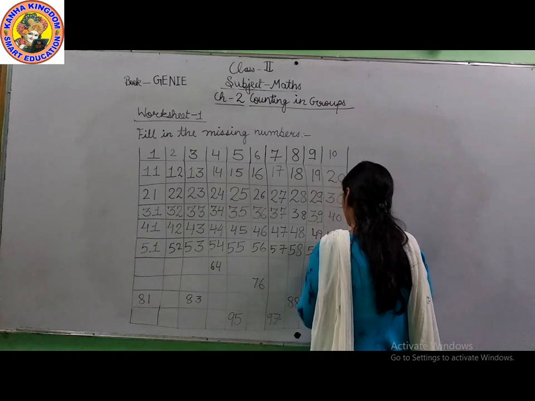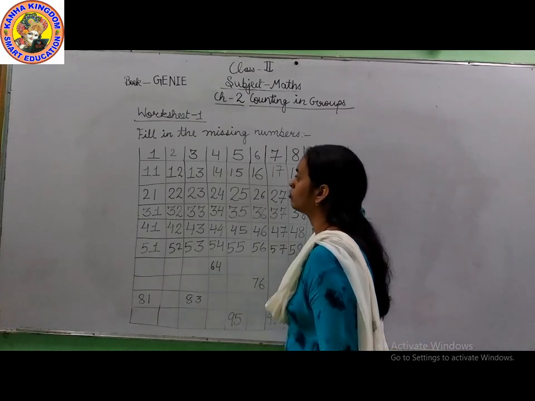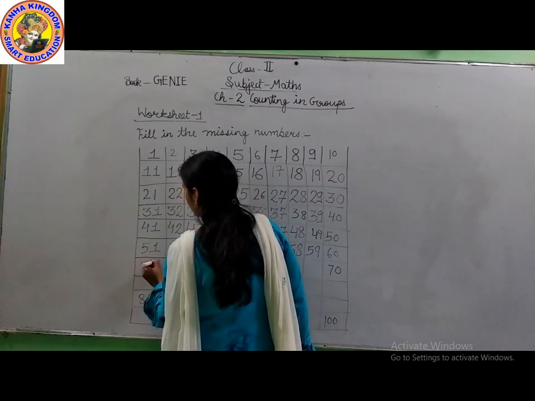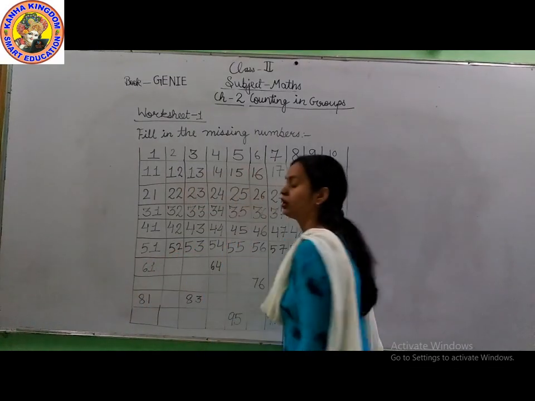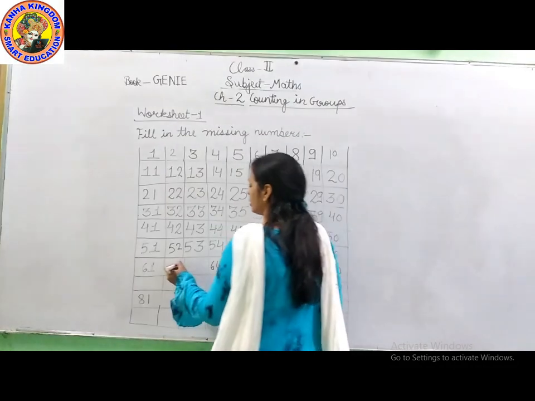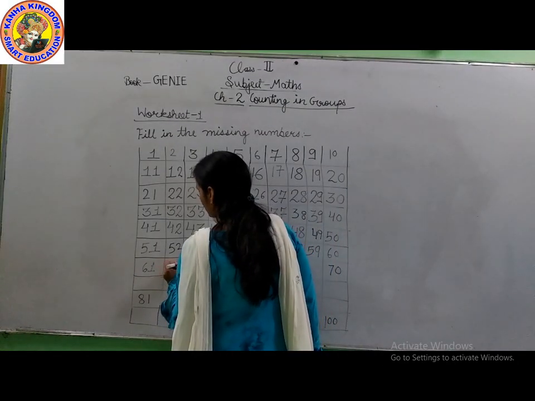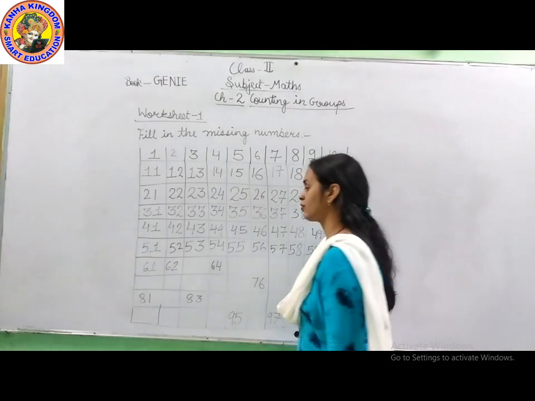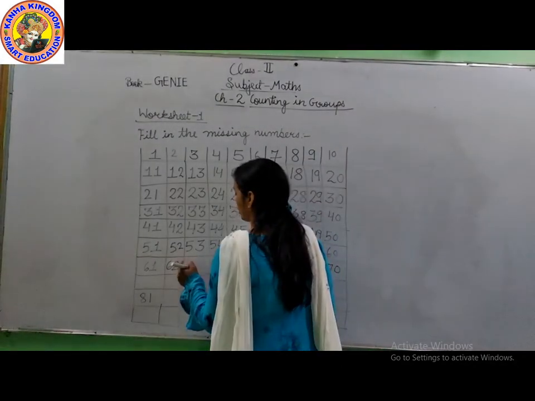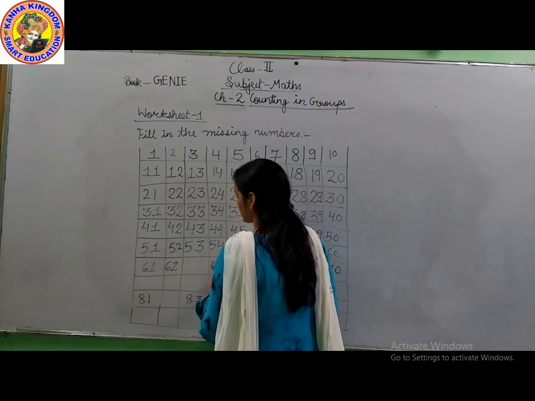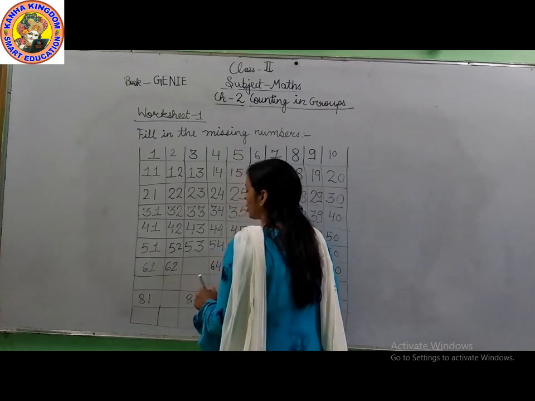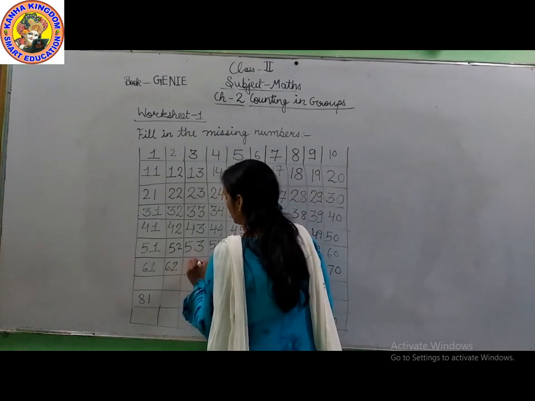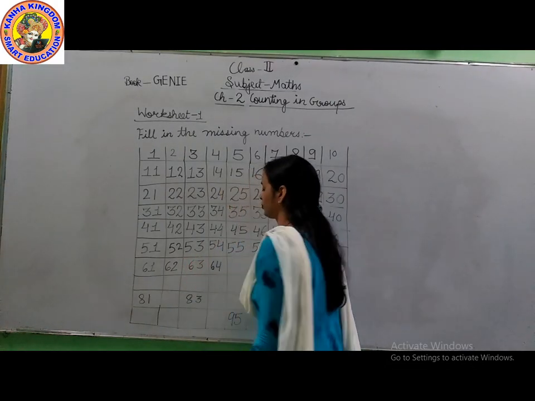Then 60. What comes after 60? 61. What comes after 61? 62. Now, what comes after 62? And between 62 and 64, what comes between 62 and 64? 63.